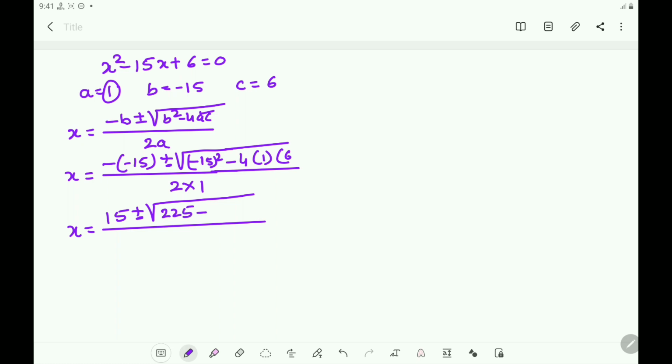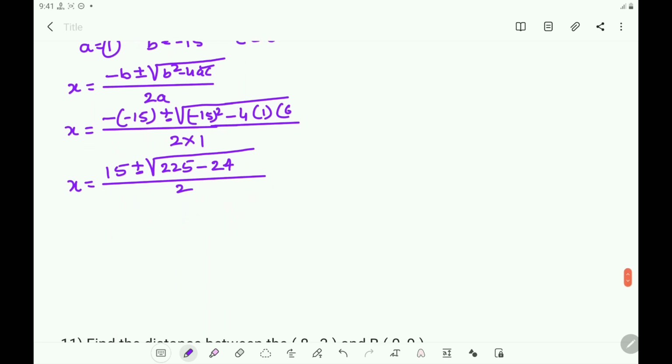Then minus 4 into 1 into 6 is 4 6s are 24, by 2. Then x equals, here you simplify, 15 plus or minus root of 225 minus 24 is 201, that divided by 2.